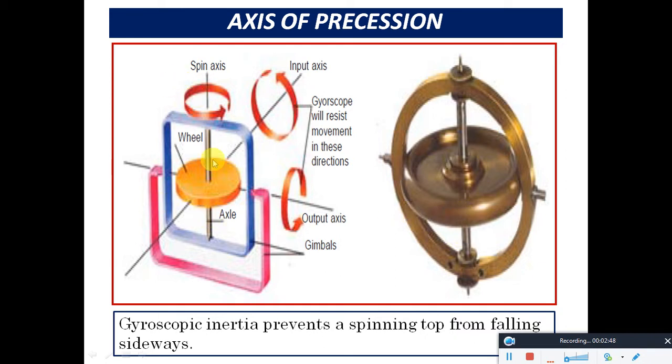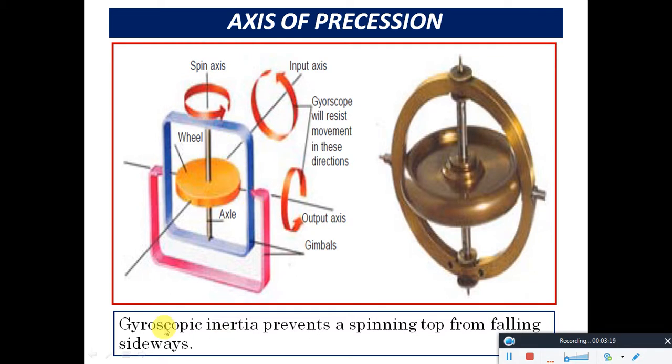Here, this is a disc which is rotating about the vertical axis, called the axle, or we can call this axis the spin axis. Here we are giving some input in this direction, whereas we will get the output in this direction. Because of the rotation of this disc, this rectangular frame should not fall up and down. This is the main thing.